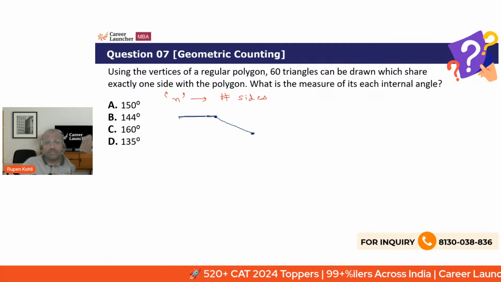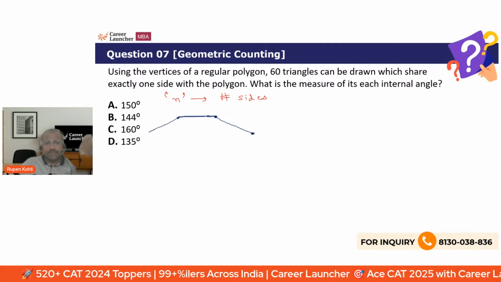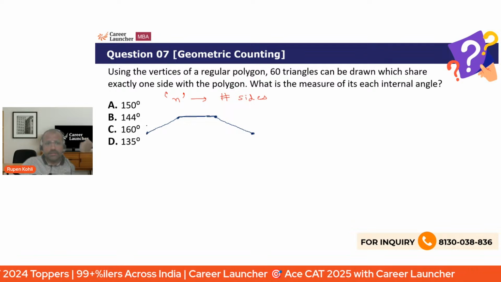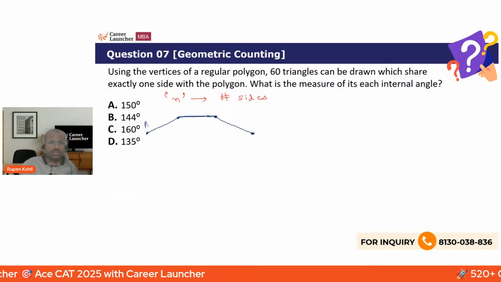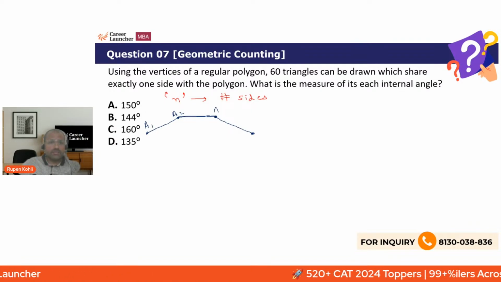So I'm just denoting some points, some sides. Let's say in general the vertices are like this: a1, a2, a3, dot dot dot.